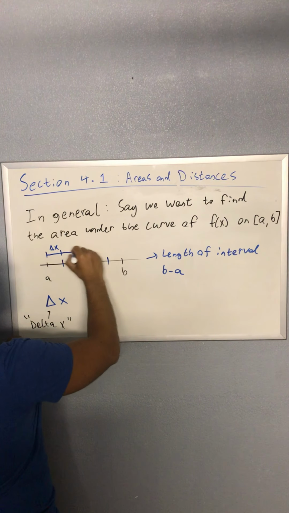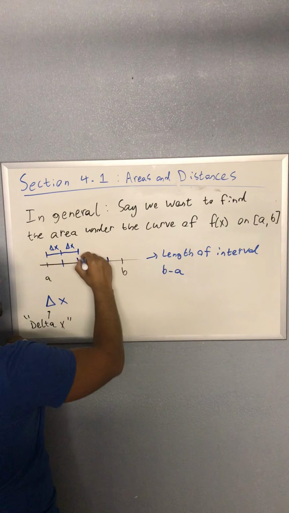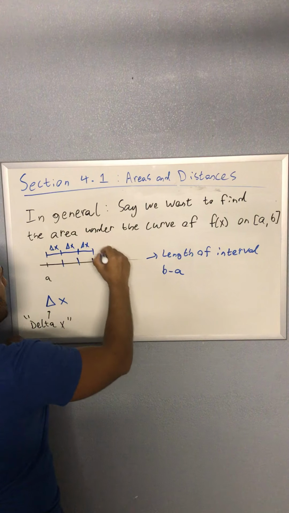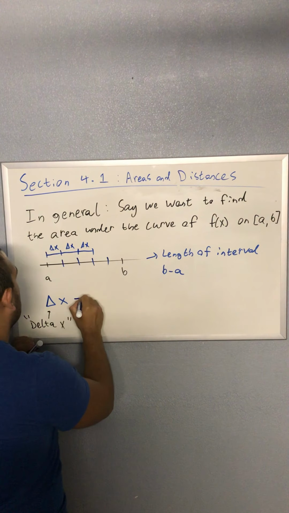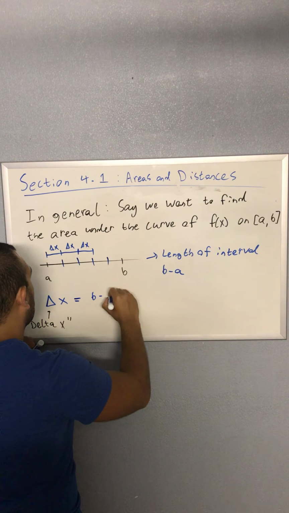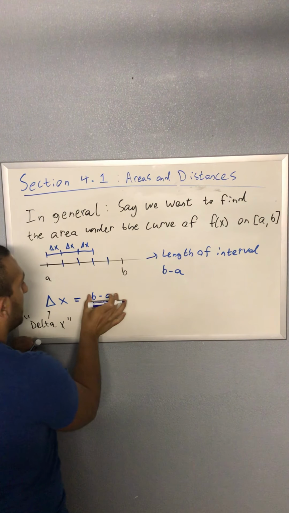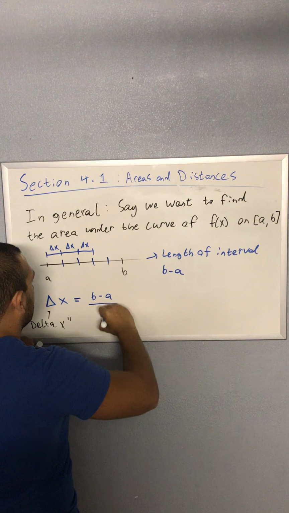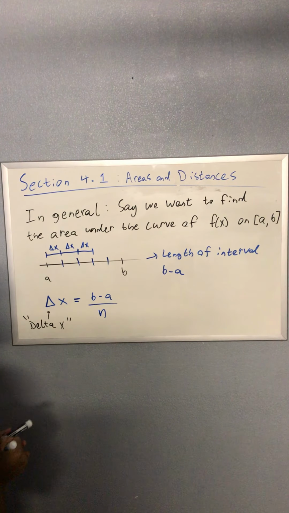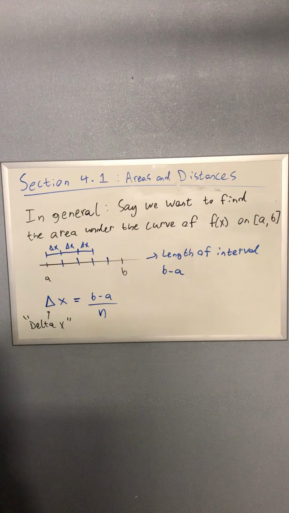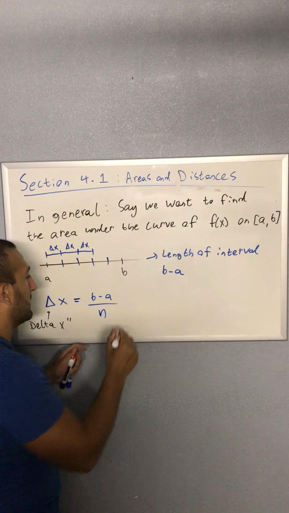So that has width delta x, that has width delta x, and so on. So delta x is going to be b minus a, the length of your interval, divided by n, where n is the number of rectangles we're going to use.